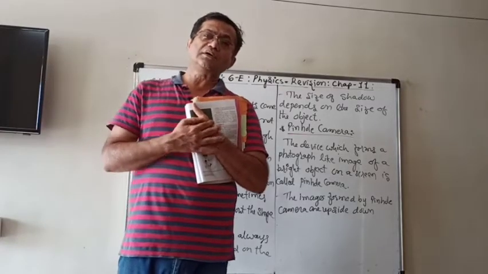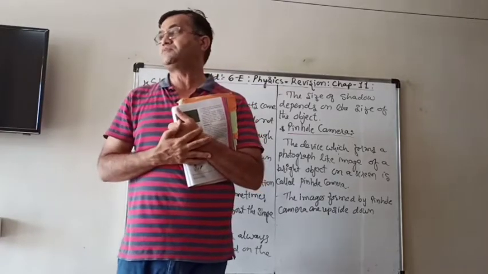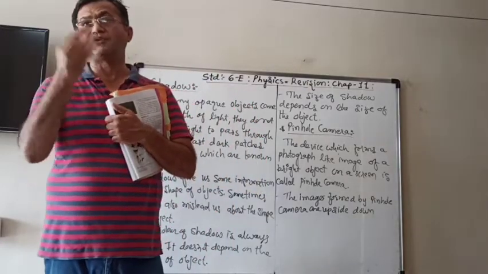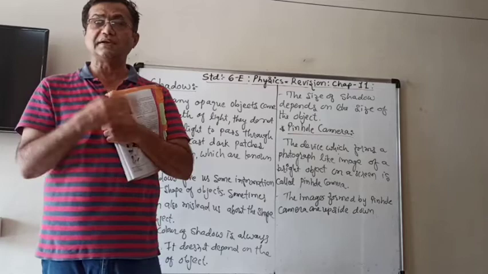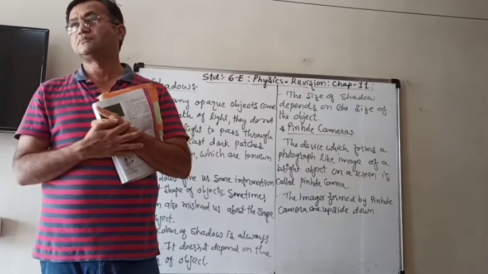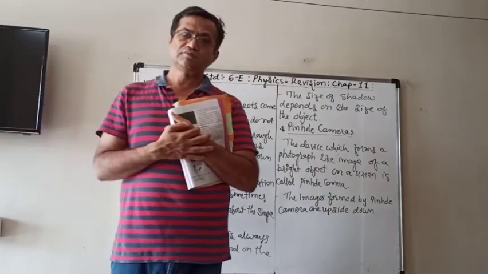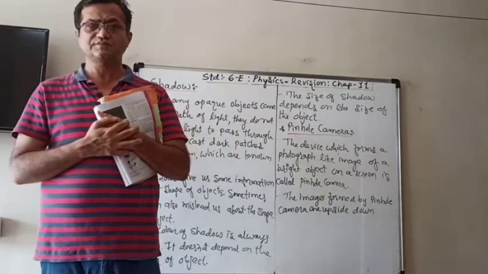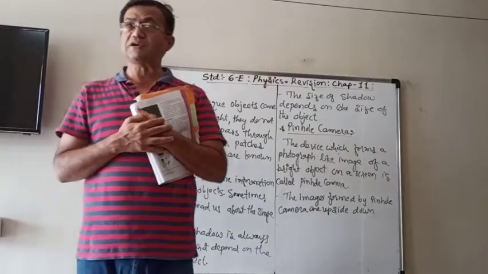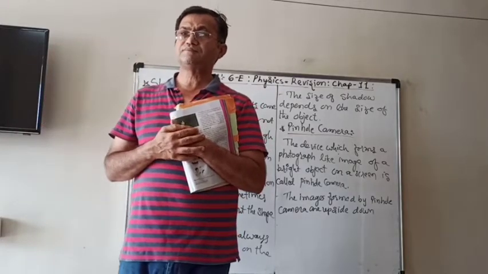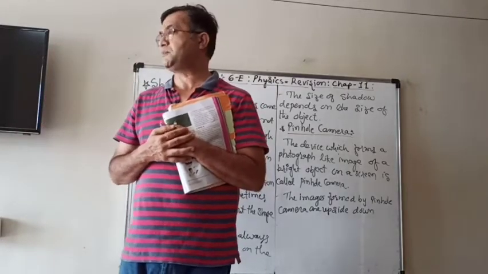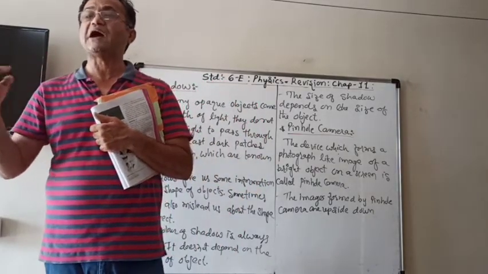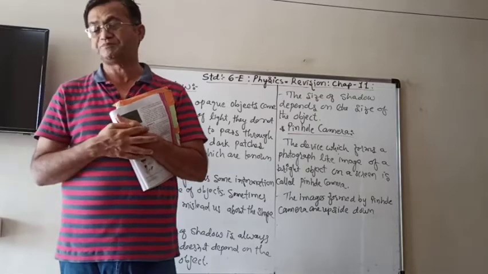Now, have you ever observed the color of the shadow? If you take a green or red flower, or a person wearing blue clothes or different colors, the color of the shadow cannot be the same as the color of the object. Shadow is always dark, meaning the black color.